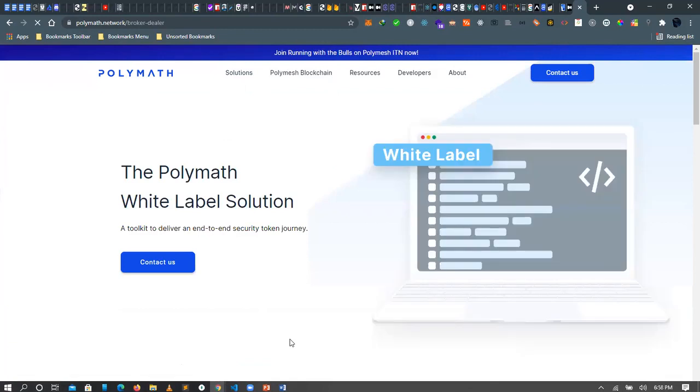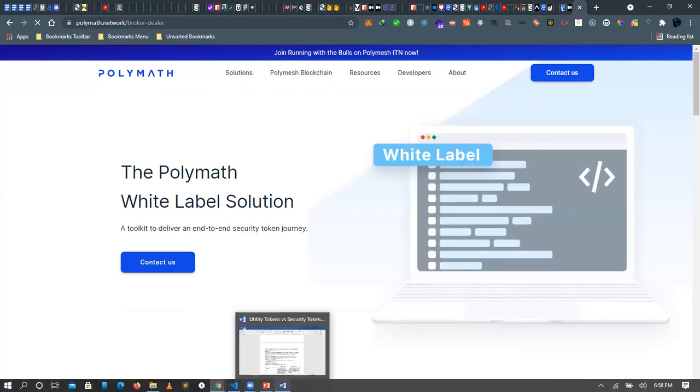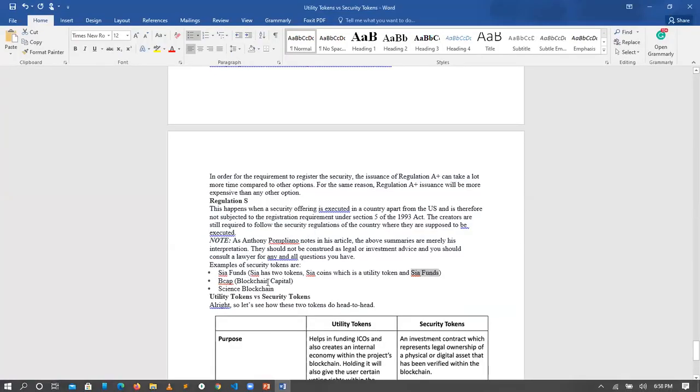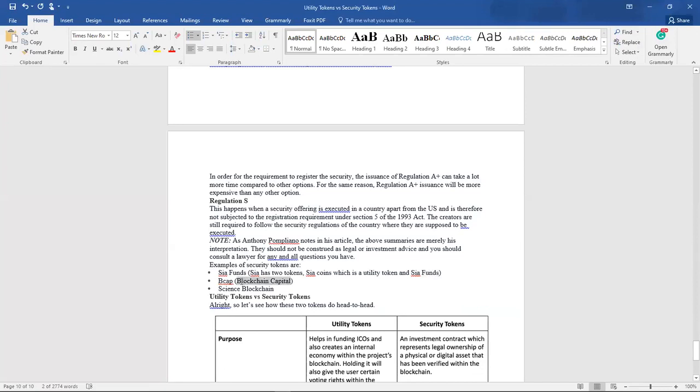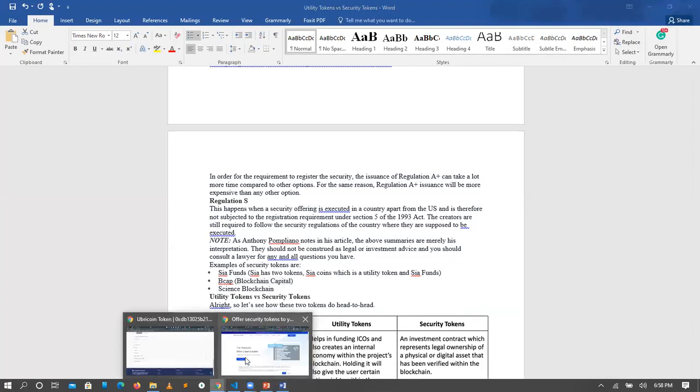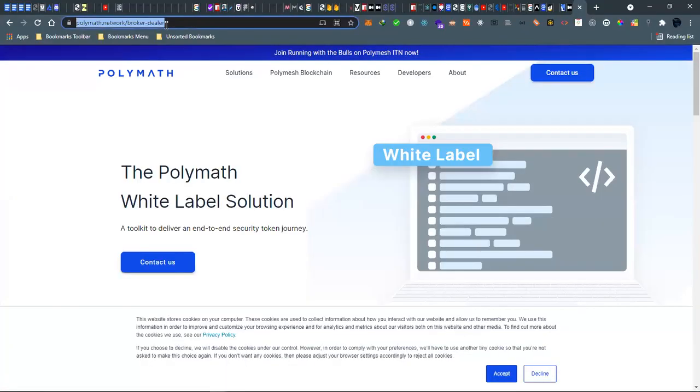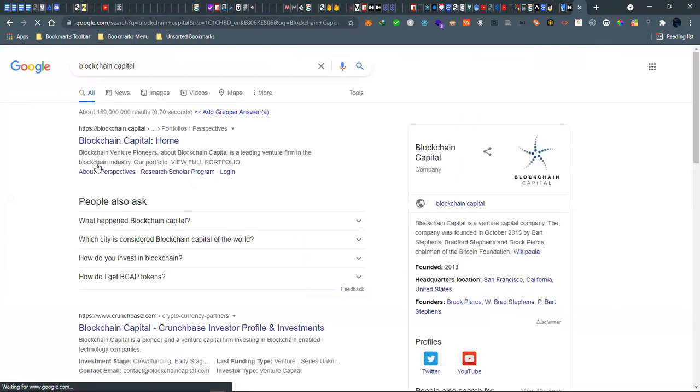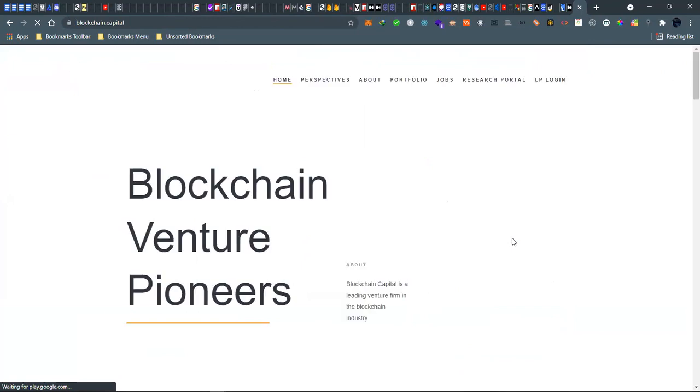So that is Polymath. Then we have this other one, which is Blockchain Capital, a blockchain venture pioneer. This one was also founded in 2013.